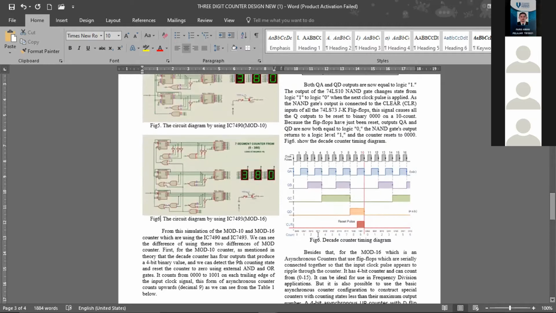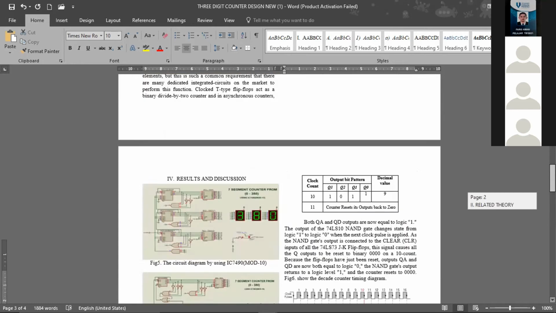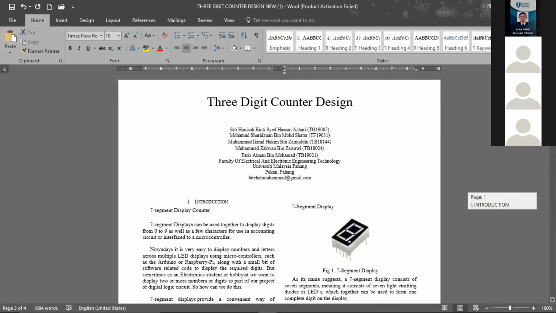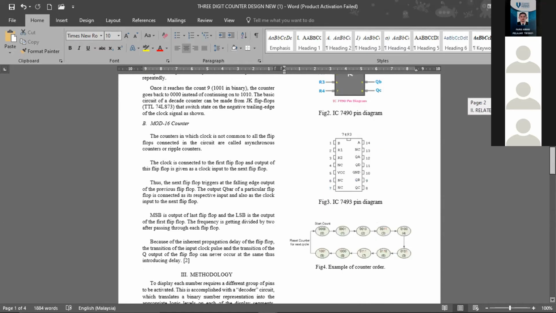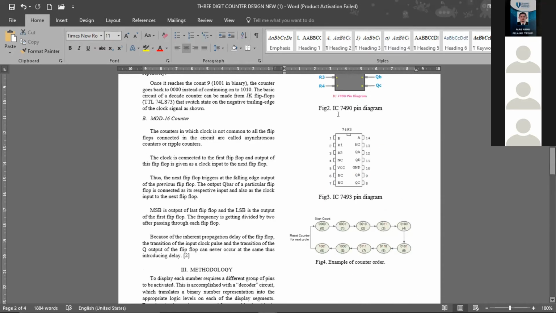So the label for the figure you use 11. Yes, 10 already, below. I see. Okay.